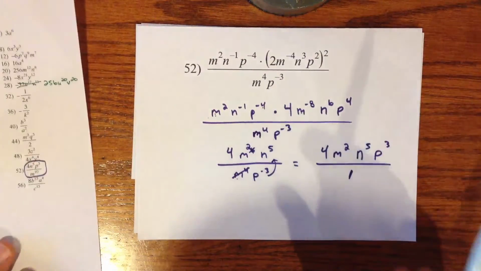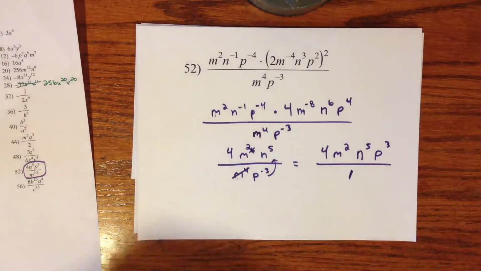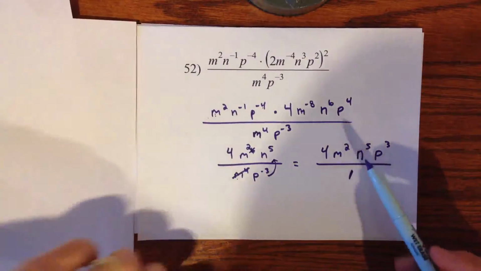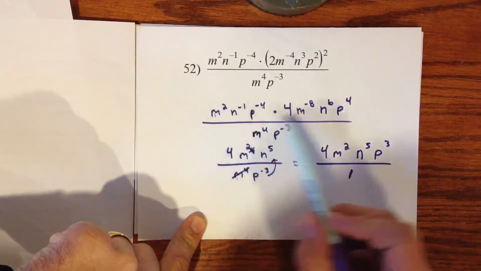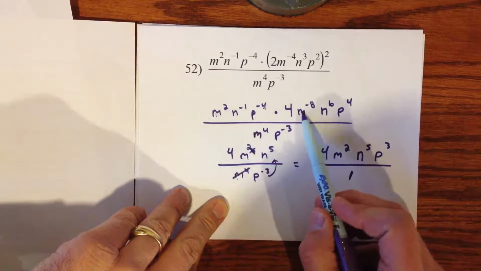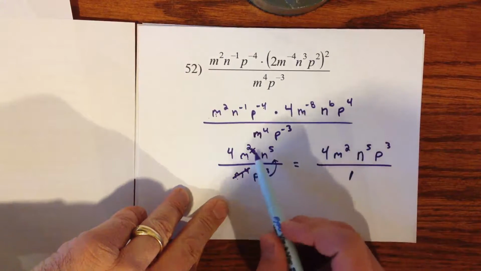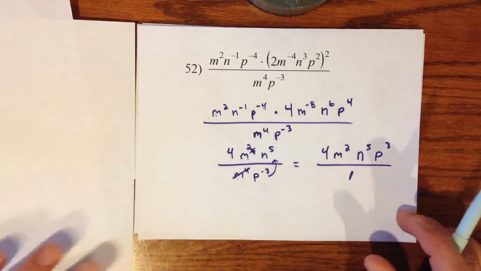So, here we go. You're probably laughing by now. But that was a good example of what not to do. So what happened is I wrote this as m to the 6th power, and it was supposed to be m to the negative 6th power, right? Because m squared times m to the negative 8 is negative 6.